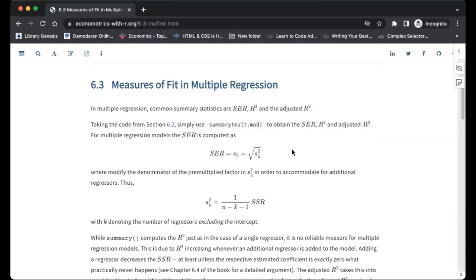So with the summary function, we could get all these things: the standard error of the regression, the R squared, and the adjusted R squared.